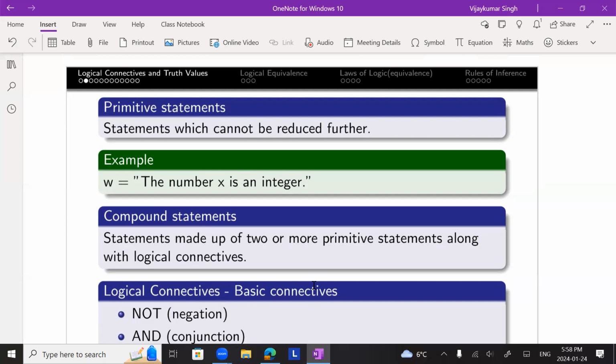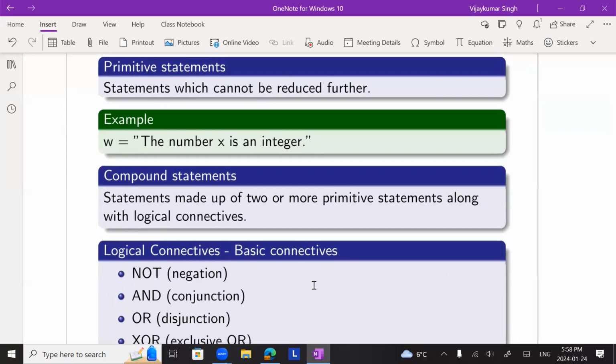So what is a primitive statement? A primitive statement is a statement which you cannot break further into smaller ones. For example, the number X is an integer, or 5 is an integer. That is a statement. It cannot be broken further down into a smaller statement.